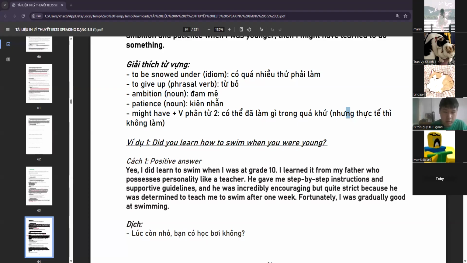And even then, I did not know how to swim, and he had to teach me through a 2 or 3 month course before I properly knew how to swim, and I was very grateful to that teacher. And now I can still swim even after 7 years.